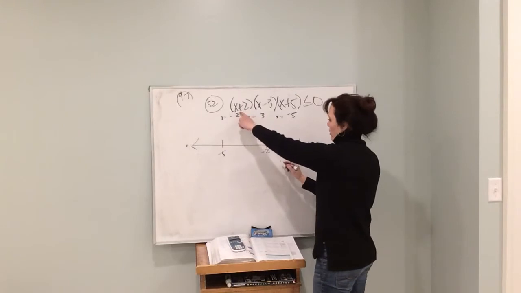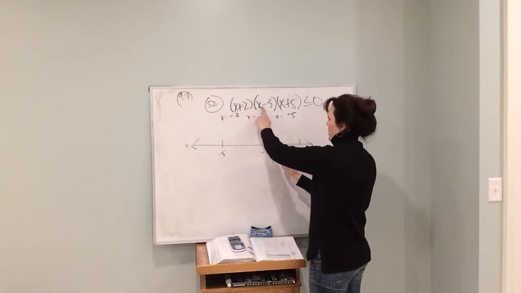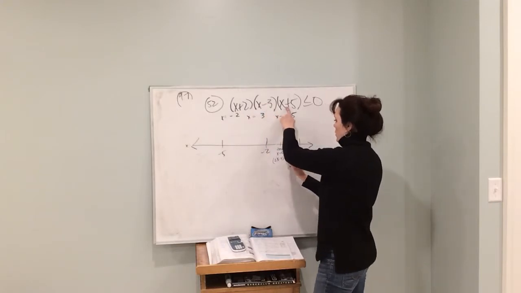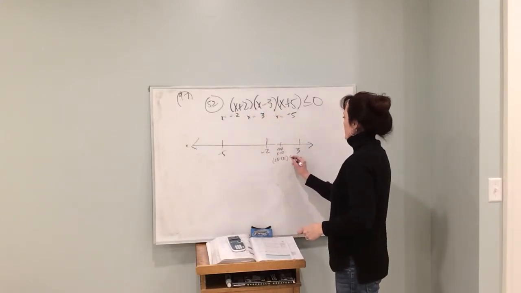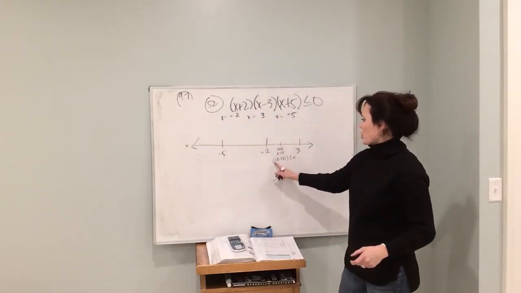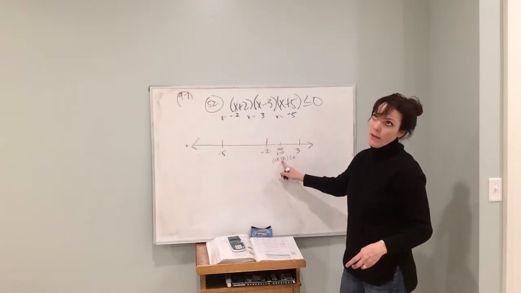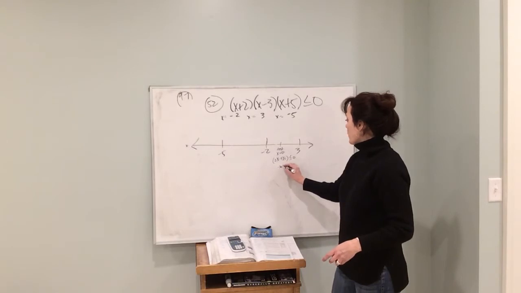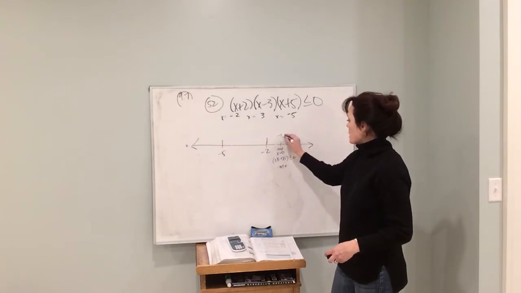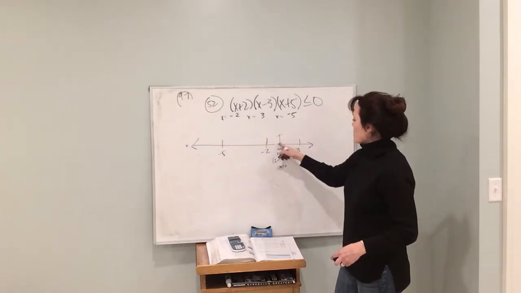So if I put in 0 here, then I get a 2 in this first one. If I put in 0, I get 0 minus 3. That's -3. 0 plus 5 is 5. And is that less than or equal to 0? I have 2 times -3 is -6. -6 times 5 is -30. Is -30 less than 0? Yes, it is. So this is going to be true.